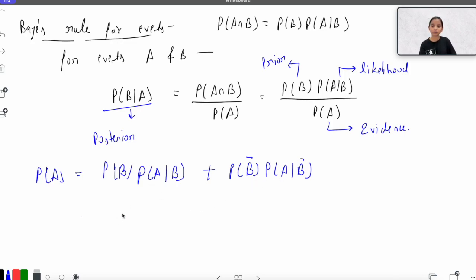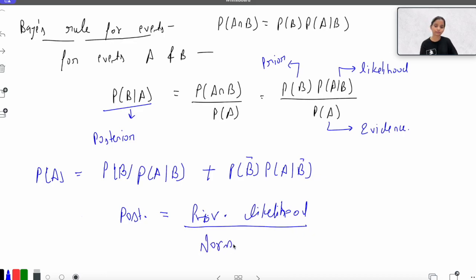So posterior is equal to prior times likelihood, divided by the evidence, which is also said to be the normalizing constant. Why, I will tell you.